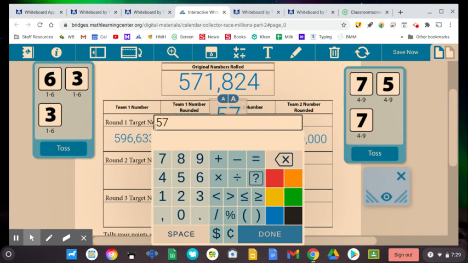I can put the 7 in the 10,000s place. Now, to make certain that it rounds to 570,000, I need to look at what I'm putting in the thousands place. What number can I put here so that it rounds down to 570,000? Pause if you need to. Otherwise, I hope that you figured it out. I have a 3 I can use.